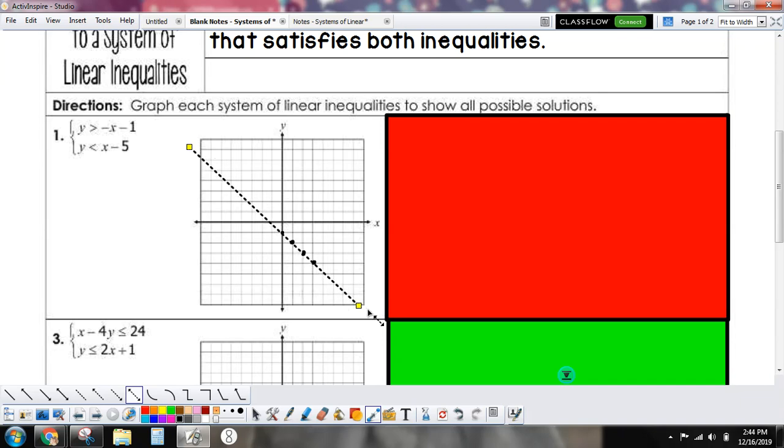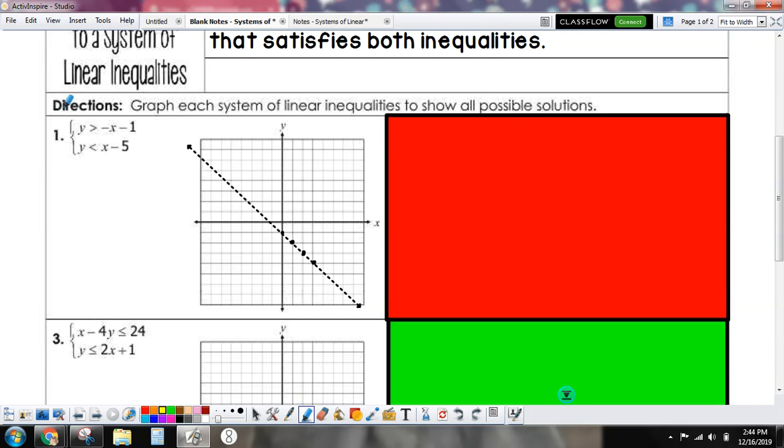A dashed line. I'm going to shade above because it's greater than. All right, and then for the next one, it says that y is less than x minus 5. So I'm going to start at -5.